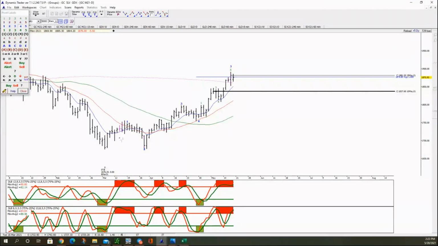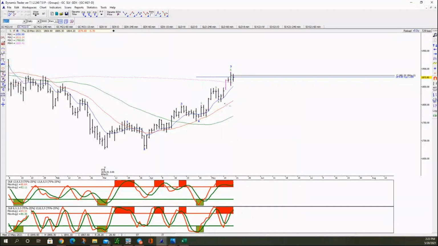So 1, 2, 3, 4, and we're computing this last wave right here. Five fractals in this last 5 waves up. 1, 2, 3, 4, 5. So now we want to compute where wave 4 is. So this is what it's talking about here. This is a live GDX chart. That's the wave 4 of a lesser degree. Okay, you guys see that?